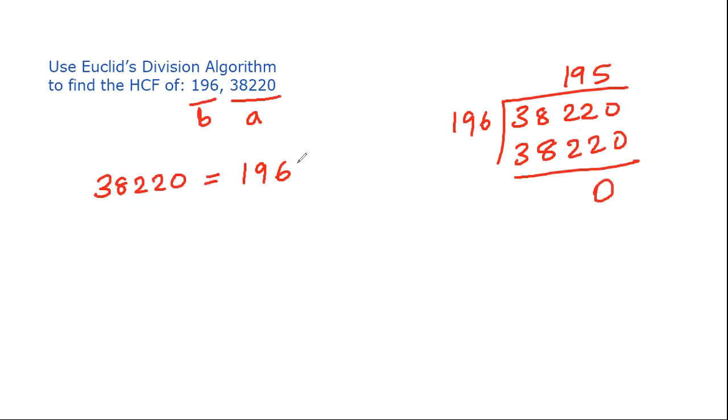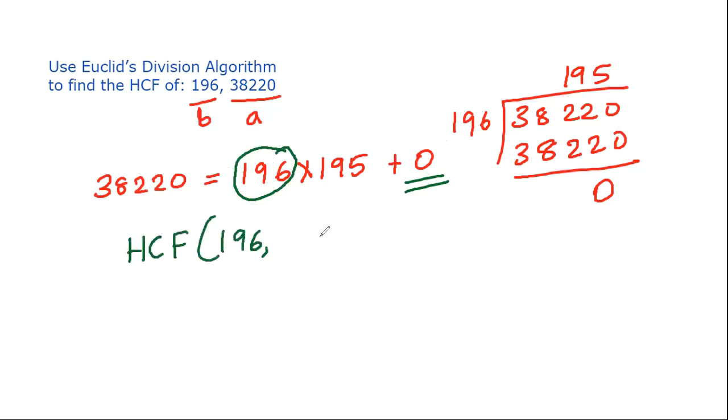So in the first division itself, the remainder is 0. So we take the last divisor, that is, the divisor here is 196 itself. So 196 itself is the HCF of these two numbers. HCF of 196 and 38,220 is equal to 196. Let's move to the next question.